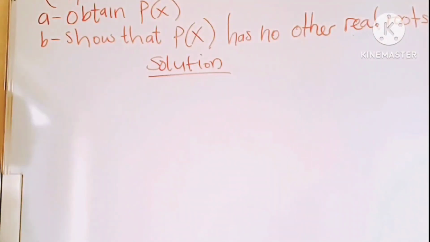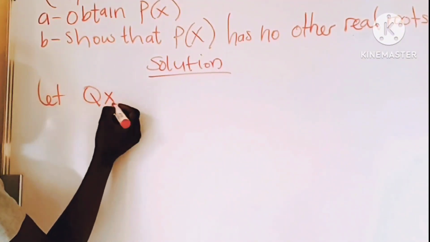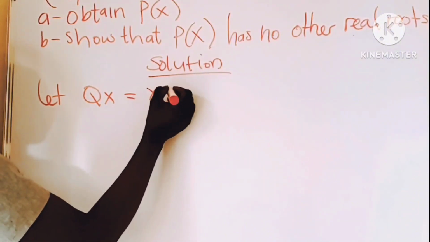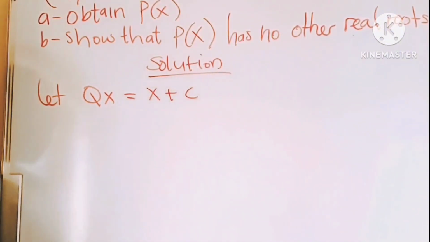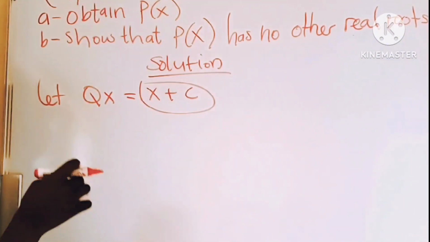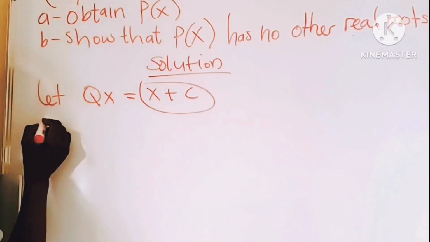So with that understanding, we're going to assume that Q of x is equal to x plus C. That's a linear something. So we substitute that in our polynomial to obtain P of x.